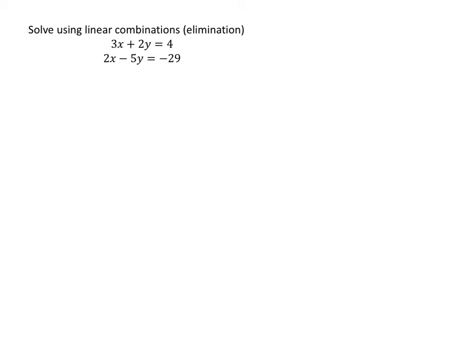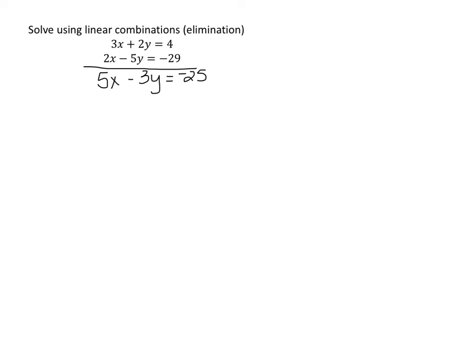If I add these two equations together just as they are, I get 5x minus 3y is equal to -25, and that does absolutely nothing. So what needs to happen is I need to multiply either one or both of these equations by any constant I want, so that either my x's will eliminate or my y's will eliminate.